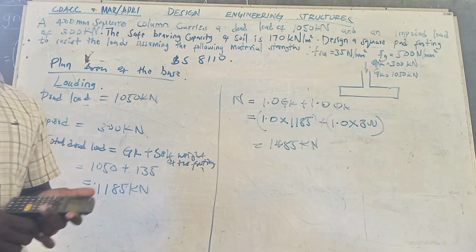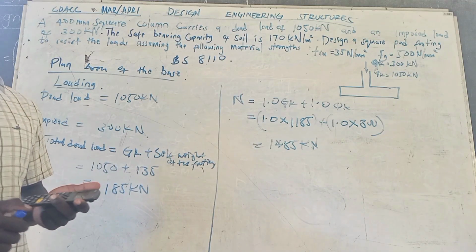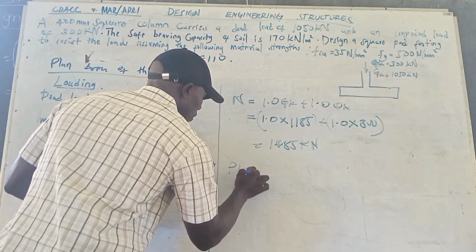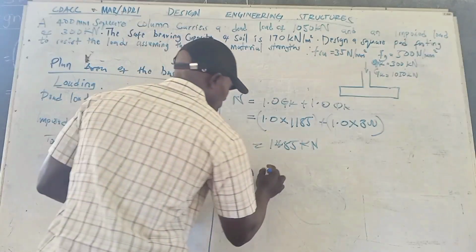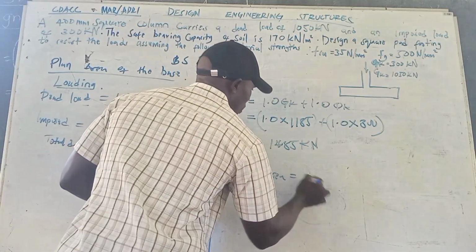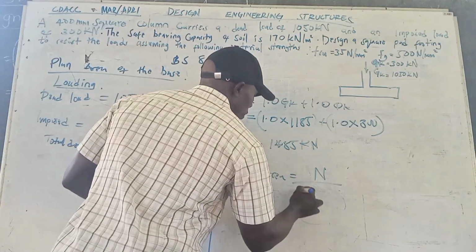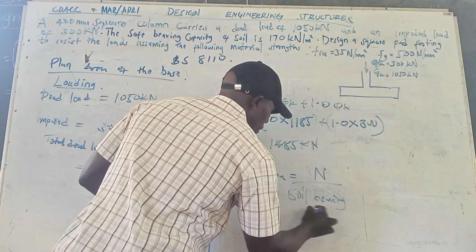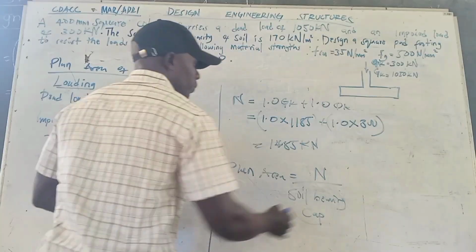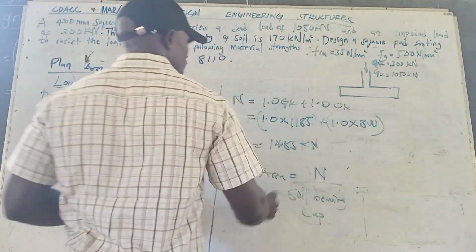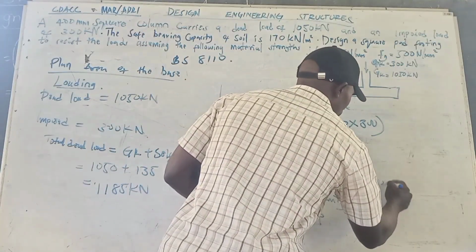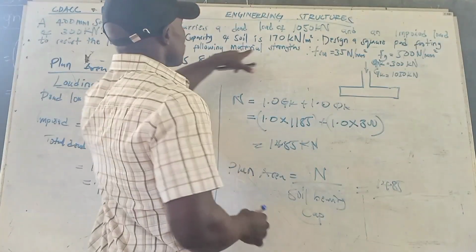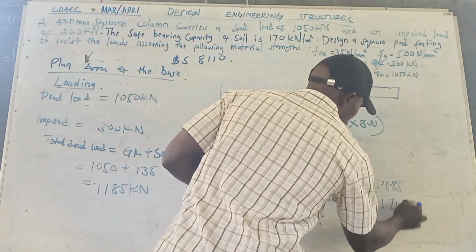Then we design the plan area of the base. Our plan area of the base can be achieved by our service load over soil bearing capacity, which in this case is 1485 divided by the soil bearing capacity, given as 170.